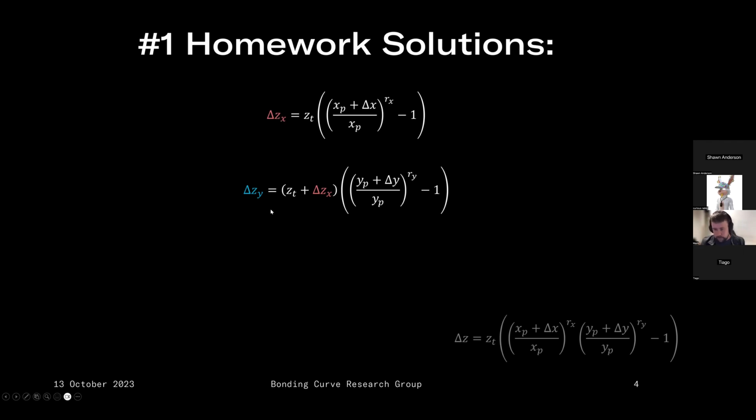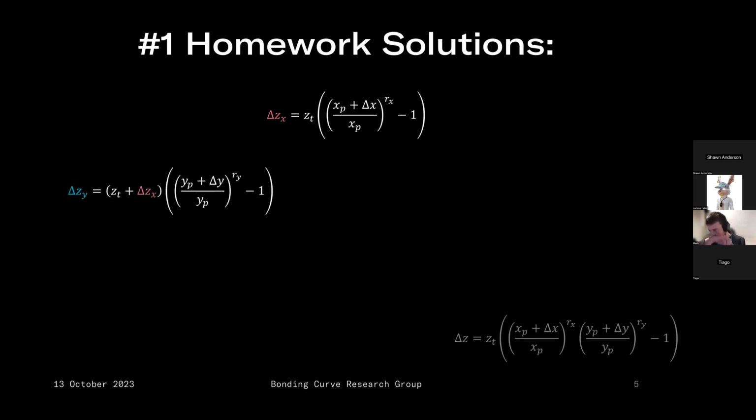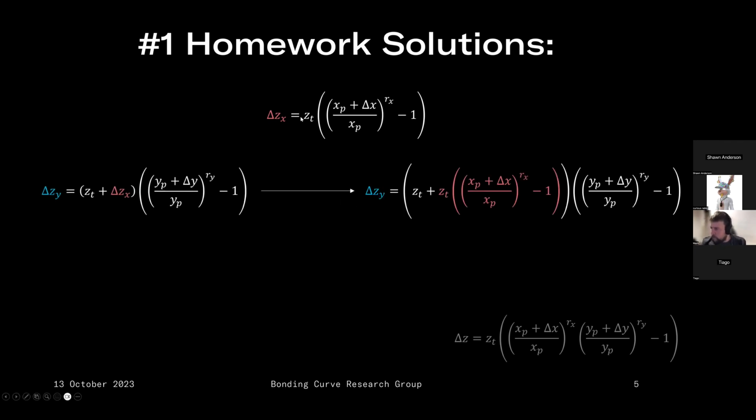And that's really the key to this solution, right? The rest of it is pretty trivial after that, albeit a bit tedious in some cases. From here, the only thing you have to do is substitute delta Z sub X with the solution here to get rid of this nameless variable.